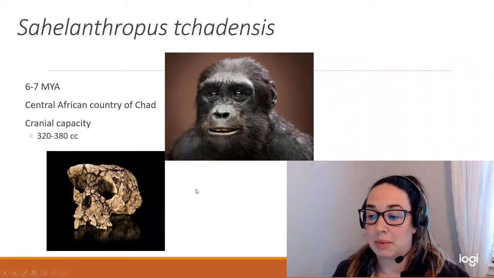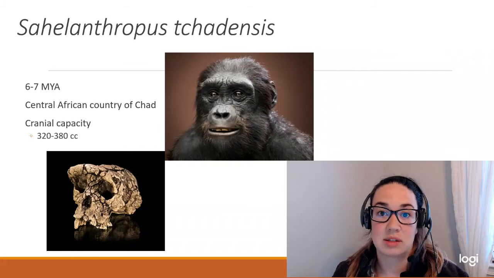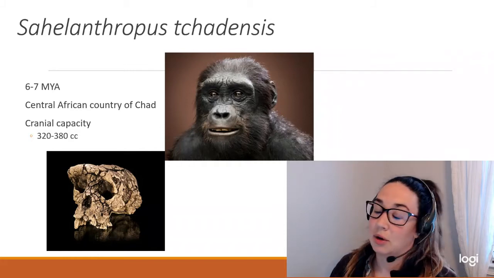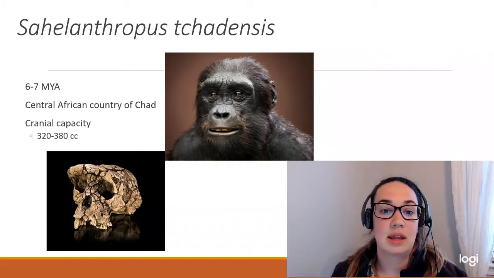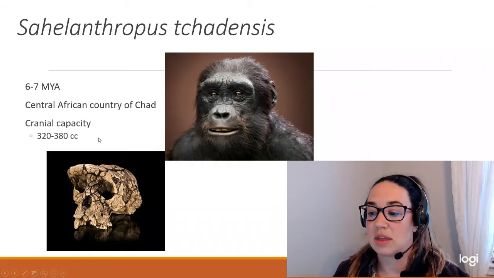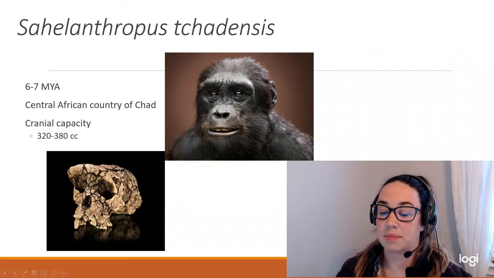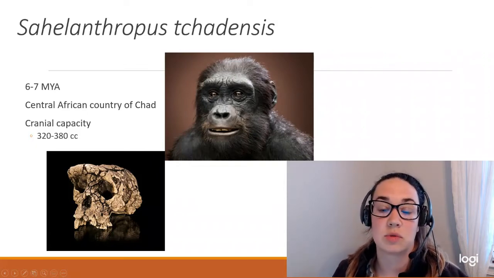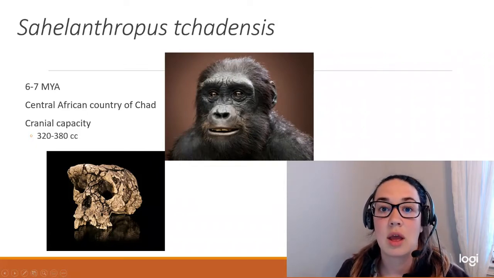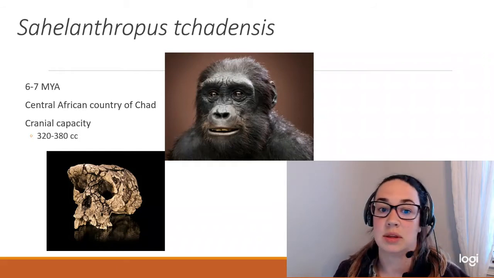So I'm going to probably butcher this particular scientific name, but I'm going to go for it. This is the Sahelanthropus tchadensis. This is one of the original species that we can trace back to approximately 6 to 7 million years ago.